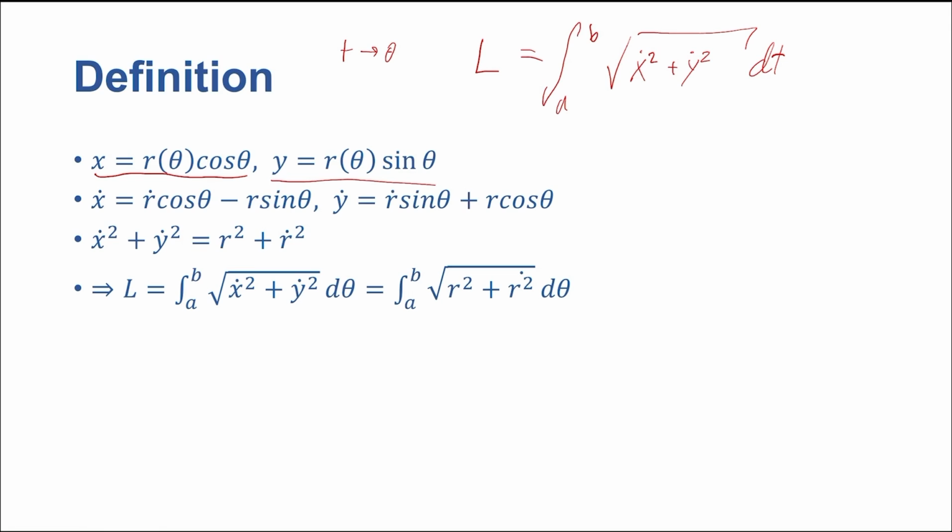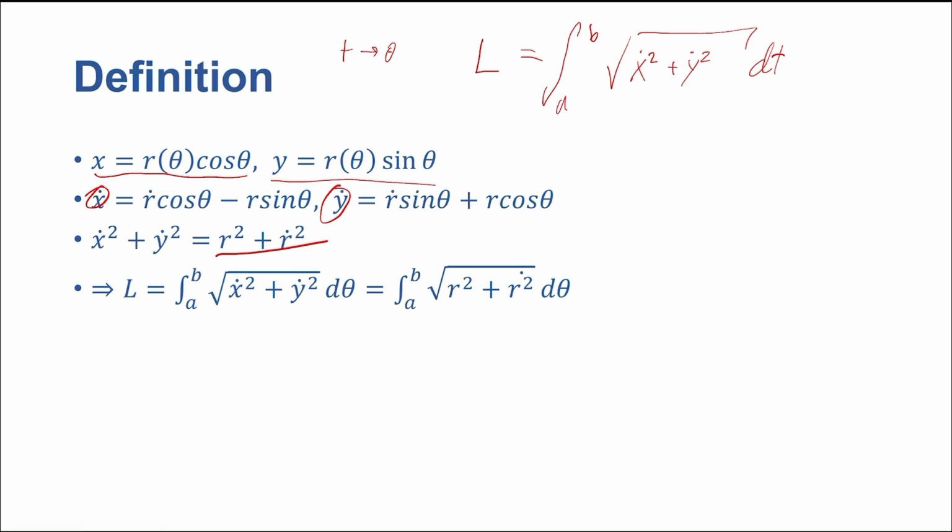Okay, so now what we need to do is we need to relate x dot squared plus y dot squared. So we find this squared plus this squared, and then we see what we get in terms of r, and we get, I'm not going to do out all the algebra, you can do that for yourself, but we get r squared plus r dot squared.